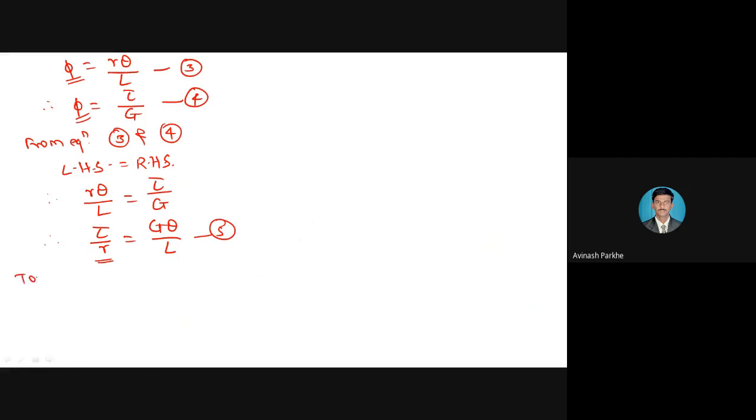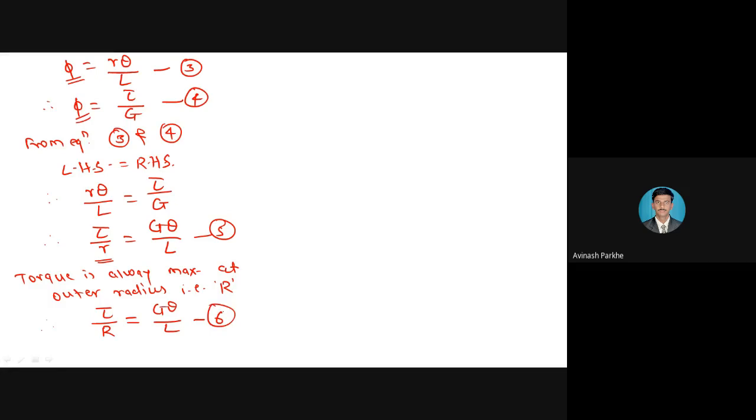But as we know, the torque is always maximum at the outer radius. That is, I can consider the outer radius as a capital R. Therefore, the same formula I have written in the form of tau upon capital R is equal to G theta by L. This is equation number 6.